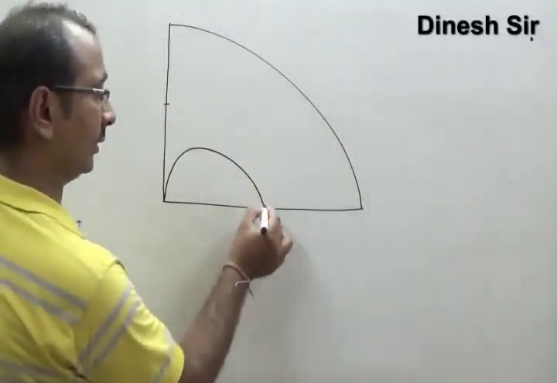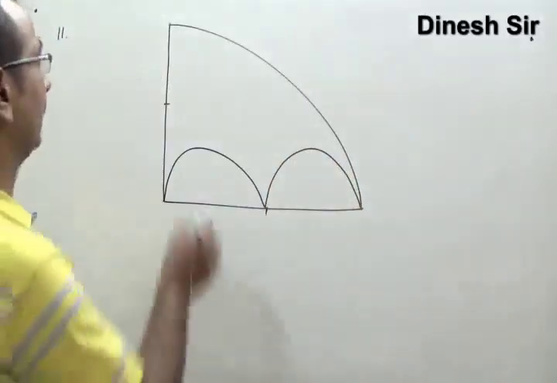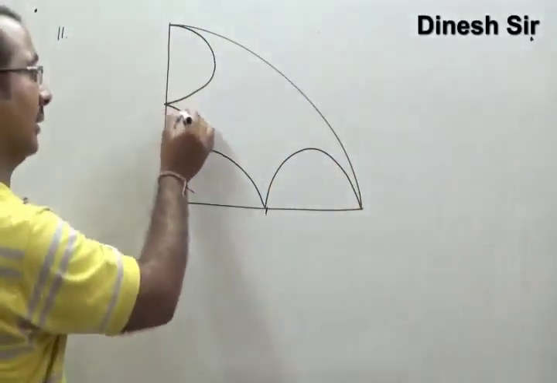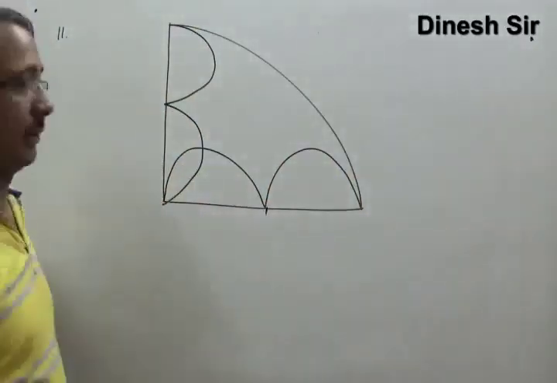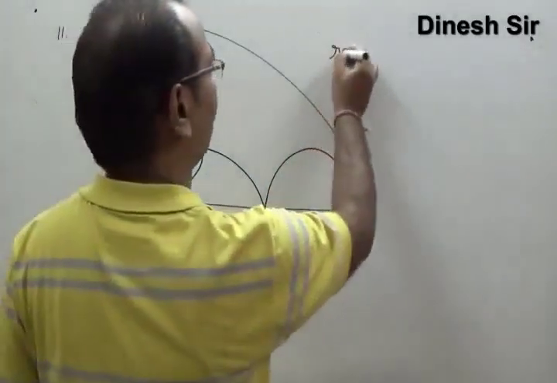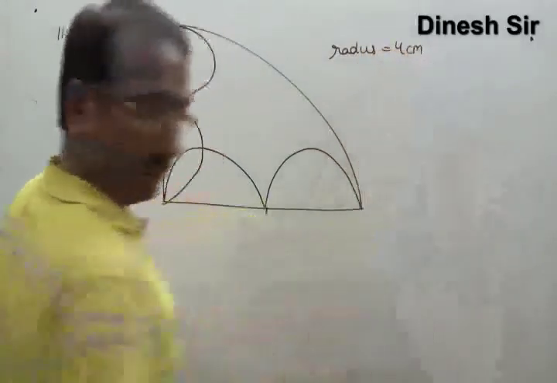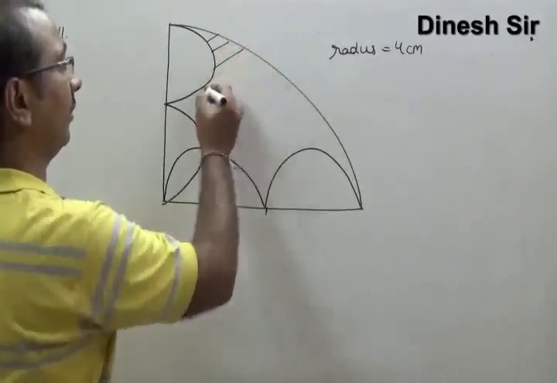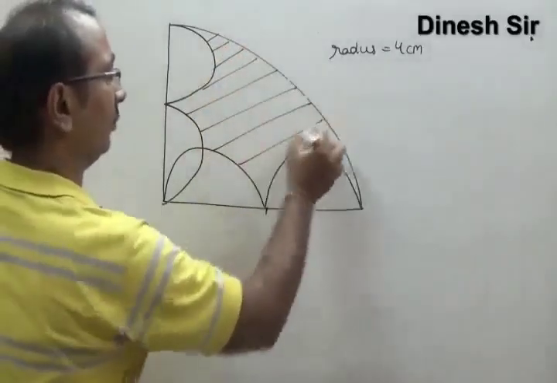First semicircle, this is the semicircle of equal radius. Similarly here also first semicircle and here the second semicircle of equal radius. It is given that the radius of the bigger sector is equal to 4 centimeter, we have to find out what is the area of this shaded portion. We have to find out the area of this shaded portion.